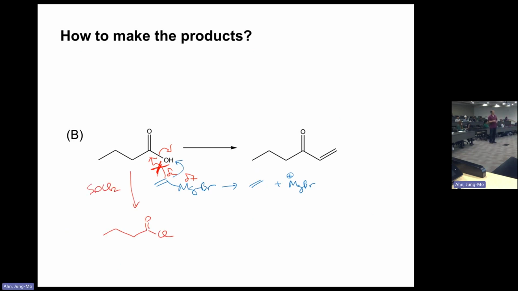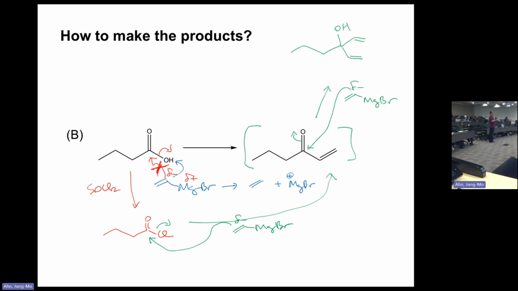So another way is that you basically have to convert the carboxylic acid into the acid chloride. Then you got to use a mild nucleophile. Using a Grignard, for instance, the Grignard makes an attack, picks the chlorine out, and you get this. But you know that that's not going to stay there.